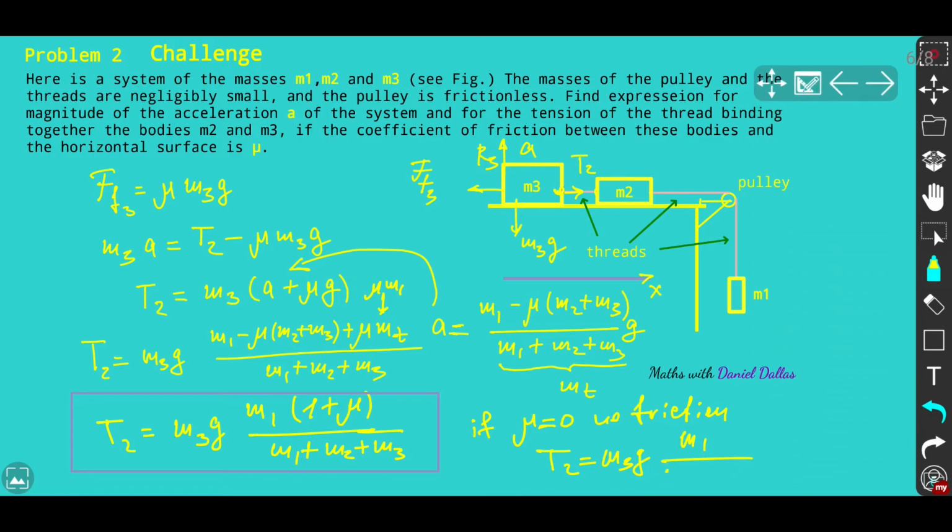So if there is no friction, that's going to be the result. And again, it's a pretty obvious outcome in that case. Okay, so that's the way you can solve this problem, and I think you should have got this technique.